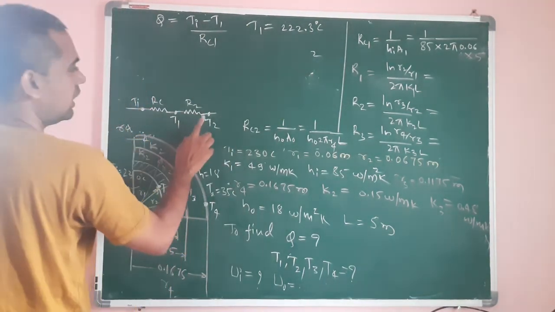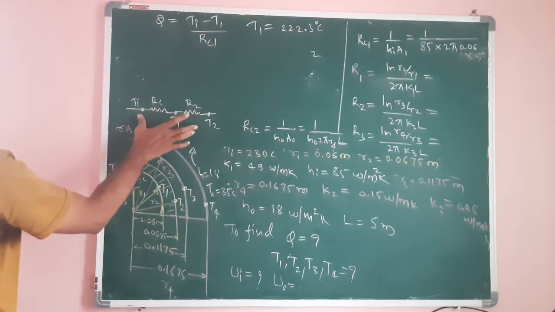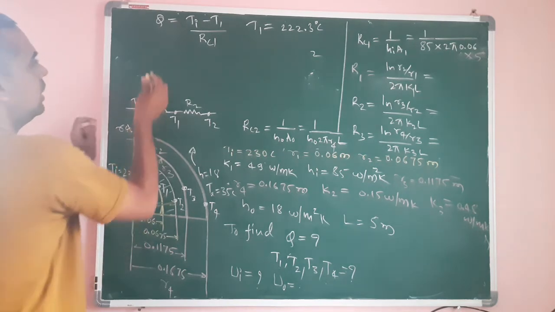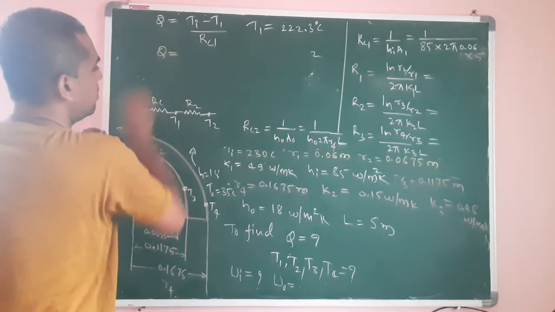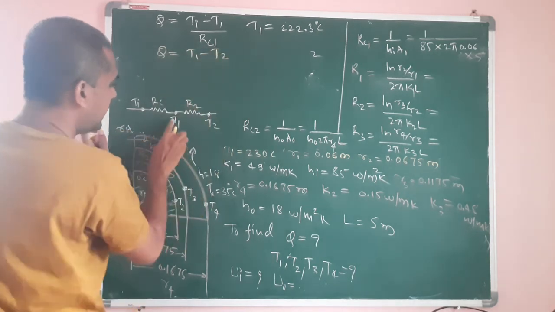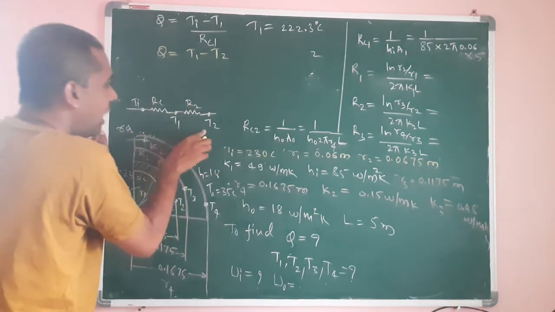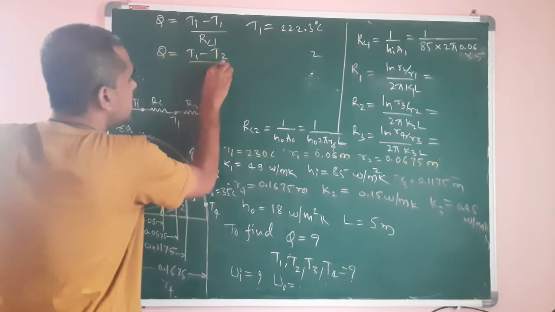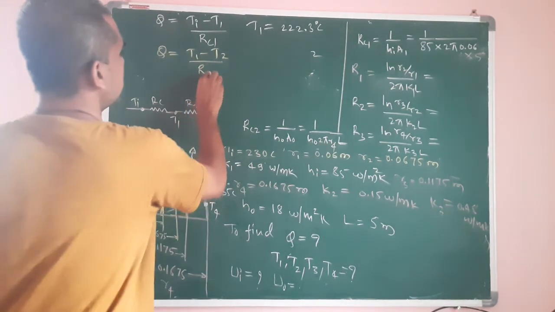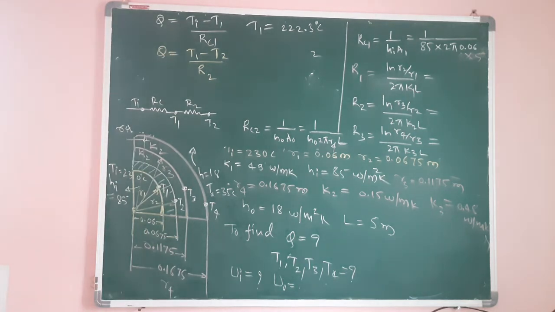In the similar way, how to find T2? This is the electrical analogy. I have taken only part of it. There are a few more resistances. Now, Q remains the same, that is important. If I take T1 minus T2, I have to take the thermal resistance in between, that is R2. The thermal resistance between T1 and T2 is R2.